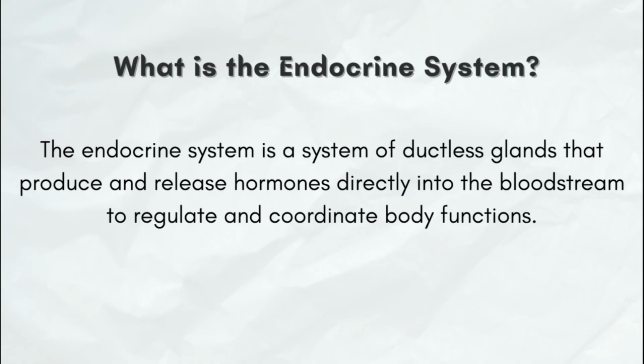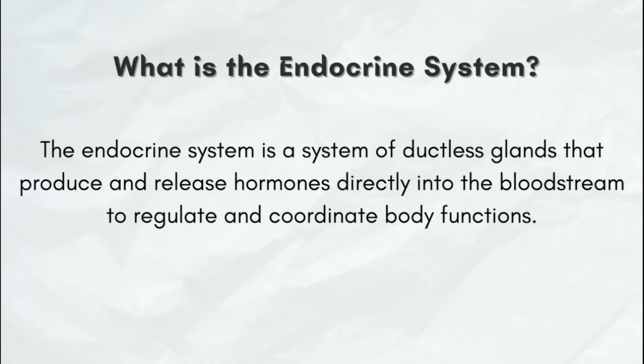Okay, so the endocrine system. Basically, it is a system of ductless glands that produce and release hormones directly into the bloodstream to regulate and coordinate the body's function. That means there are no ducts, no tubes, no vessels. It is just released directly into the bloodstream, right?